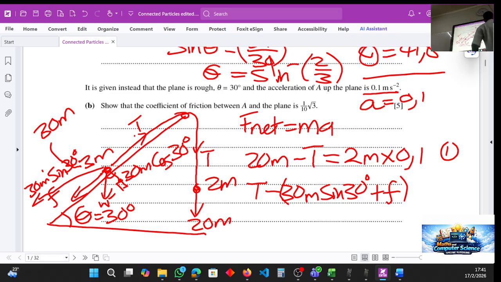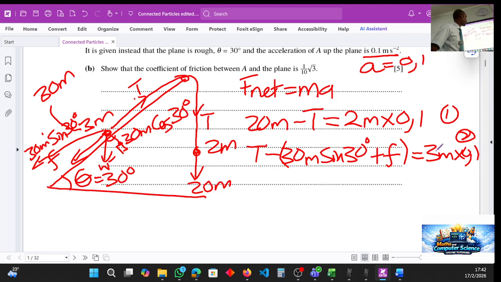So this will be equal to ma, but our mass there is 3m. When I multiply 3m by 0.1, that will give me the second equation. So we'll check if we end up with what's given above.